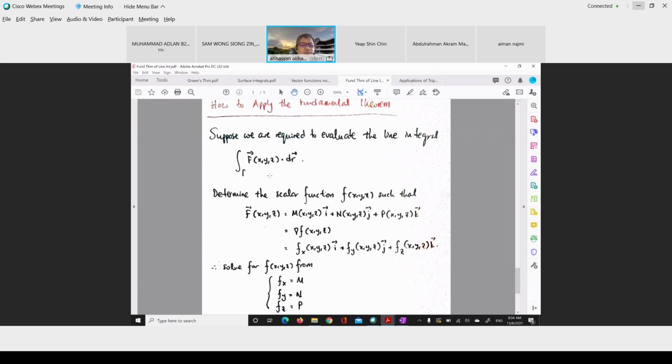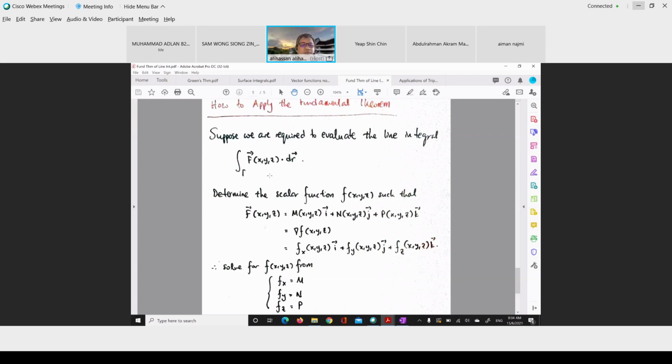We have a circle there, right? We use this notation if it is a line integral with a closed curve, in a counterclockwise direction.